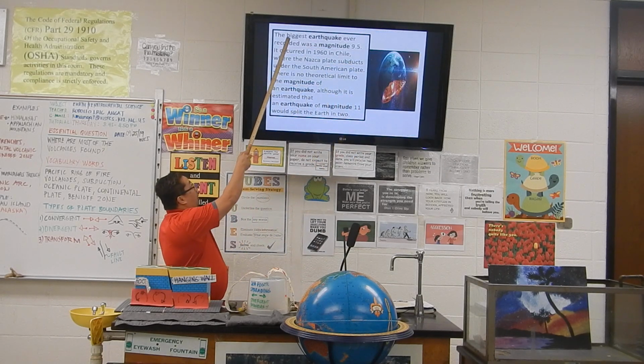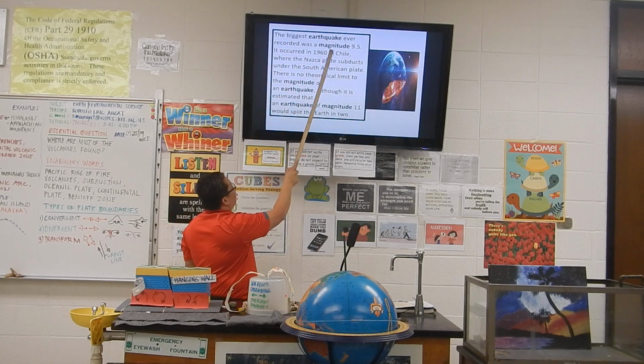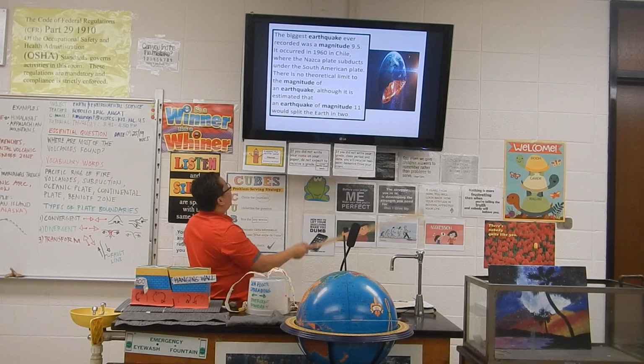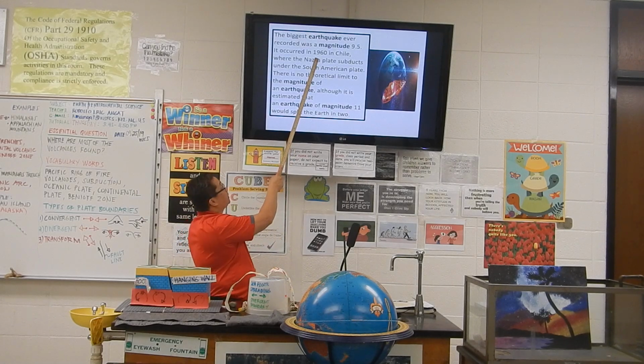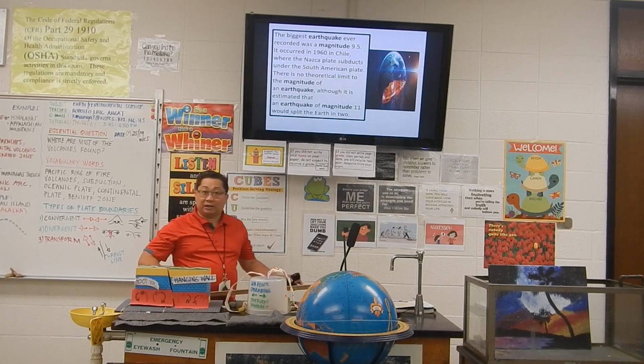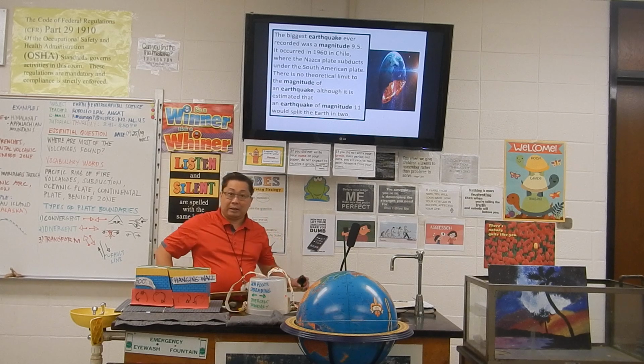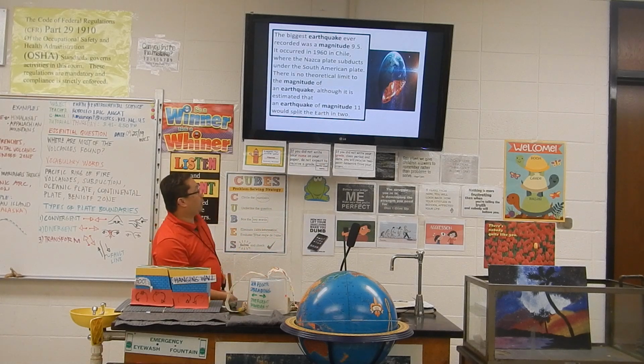Now, the biggest earthquake ever recorded was a magnitude 9.5, and it happened in 1960 in Chile. Chile, remember, is in the Pacific Ring of Fire, and this very strong earthquake devastated the people there so much.